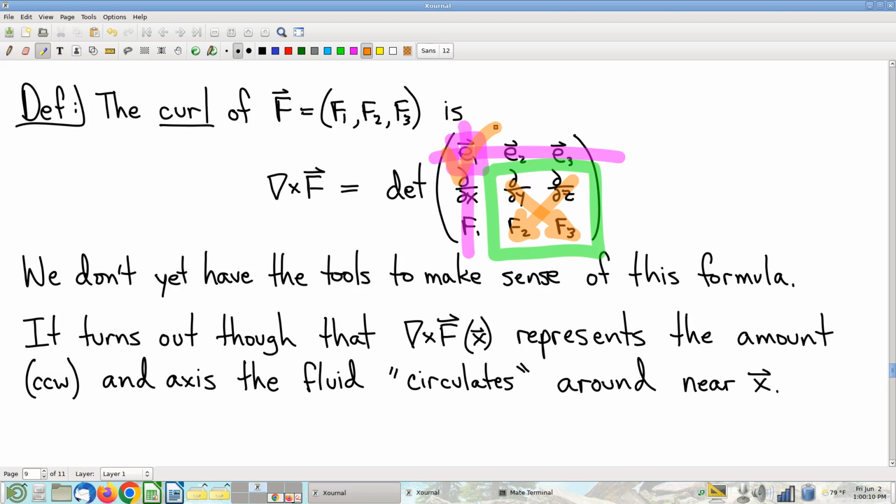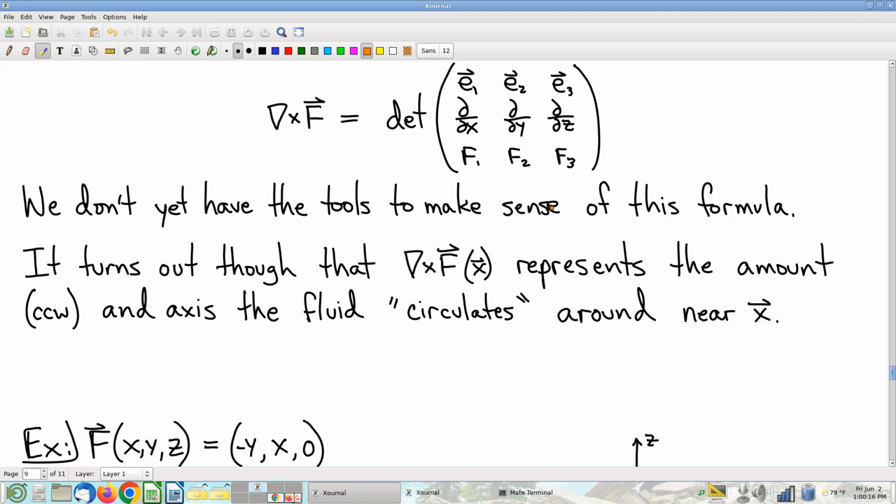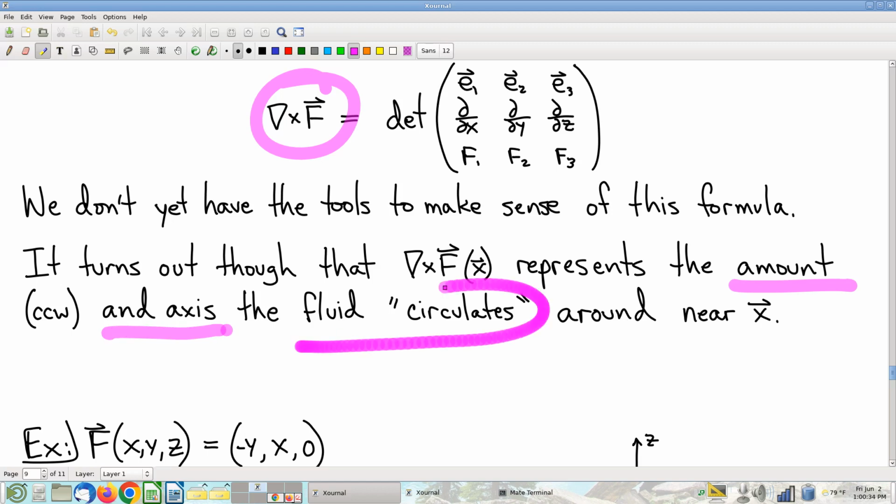Okay, so again, this is an arbitrary-looking formula, and I'm not going to be able to give you any motivation. I'm just going to assert what it is that curl represents geometrically, and here it is. It represents how much and around what axis the fluid is circulating.